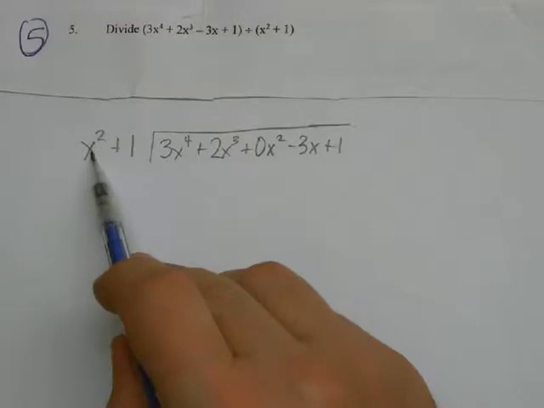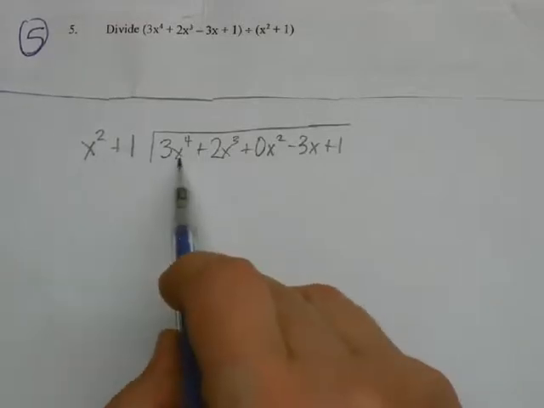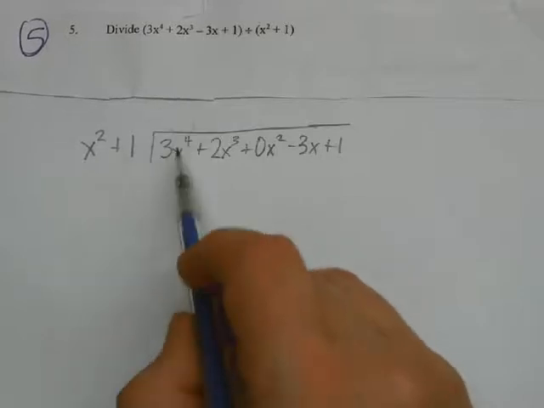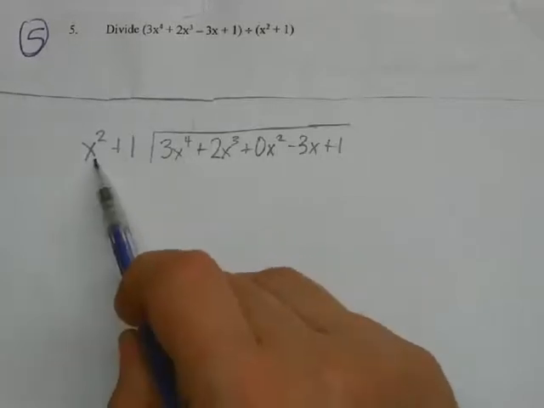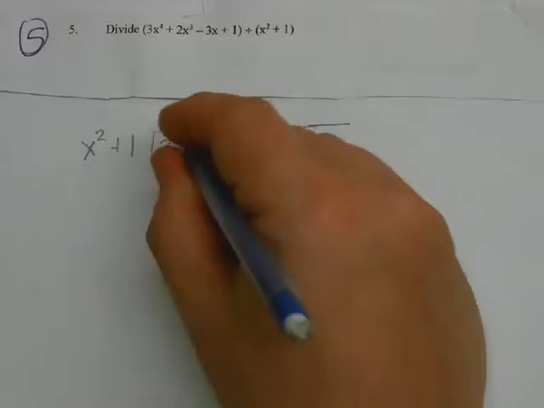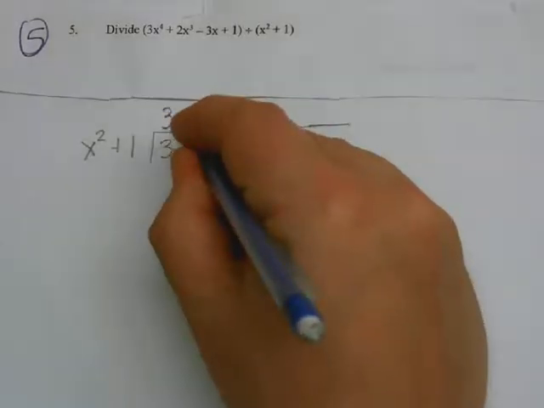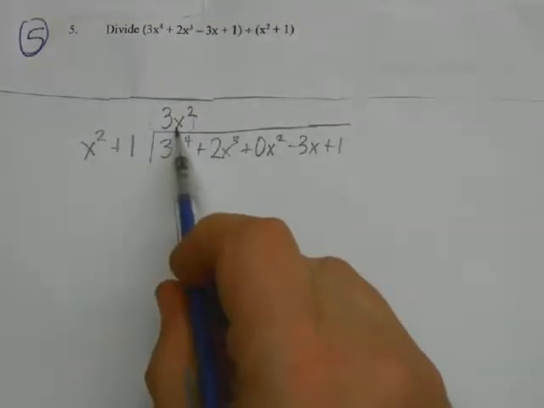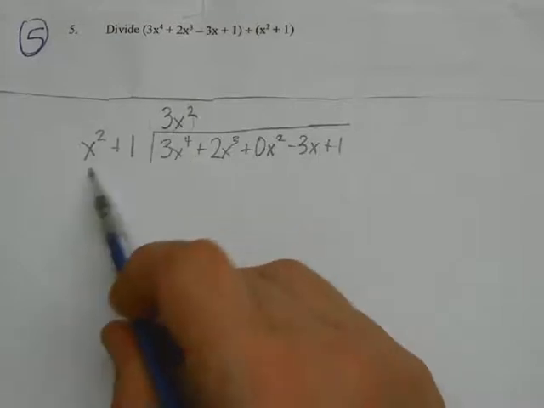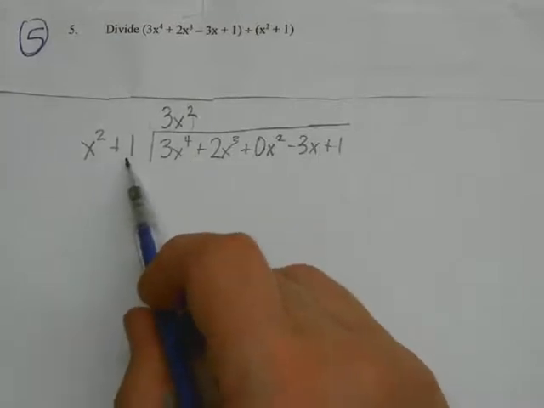So then, we start off with x squared and 3x to the 4th power. Now to find this number, what we're really doing is just dividing the 3x to the 4th by x squared. We divide and we get 3x squared. Once we've found that, we multiply the 3x squared to both x squared and 1.